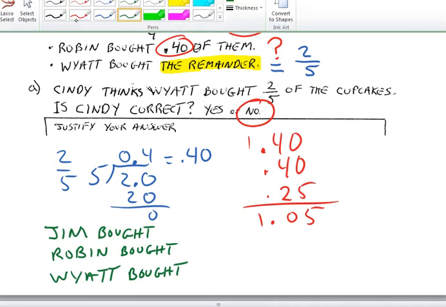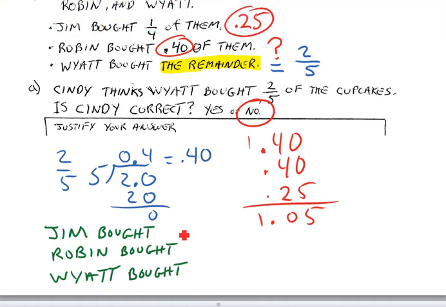Okay, so in conclusion, we could say that Jim bought 0.25. Robin bought 0.40. And so Wyatt, we know it wasn't 2/5. So what's a number to make that all add up to 1? I think if this was a 0, it'd be fine.